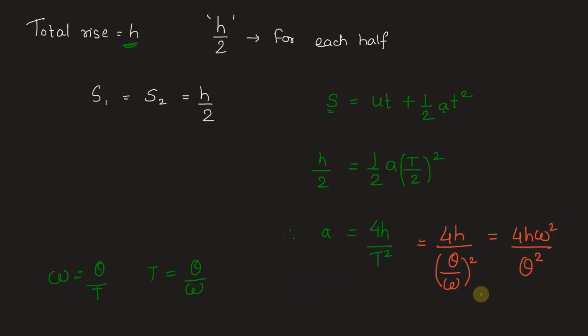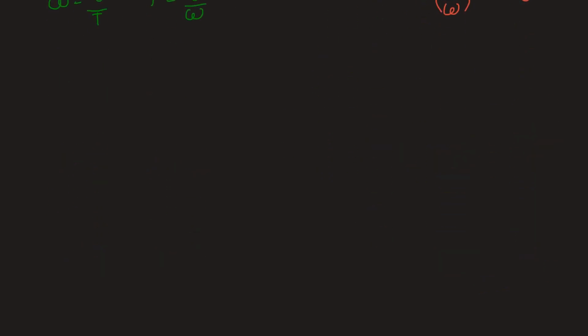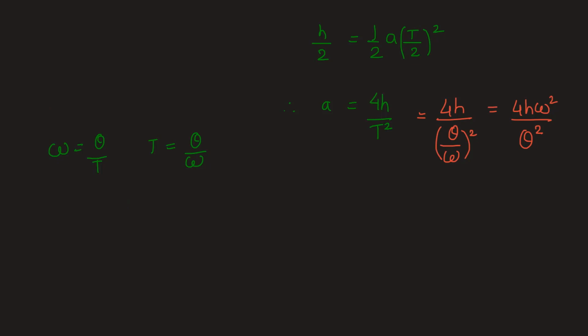Now we need to find out the velocity. Let's do it. Using the equation of motion for velocity, that is v square equal to u square plus 2as. v is the final velocity, u is the initial velocity, and again acceleration and displacement as we used them previously. u is 0 as already mentioned. So v square is equal to 2as.